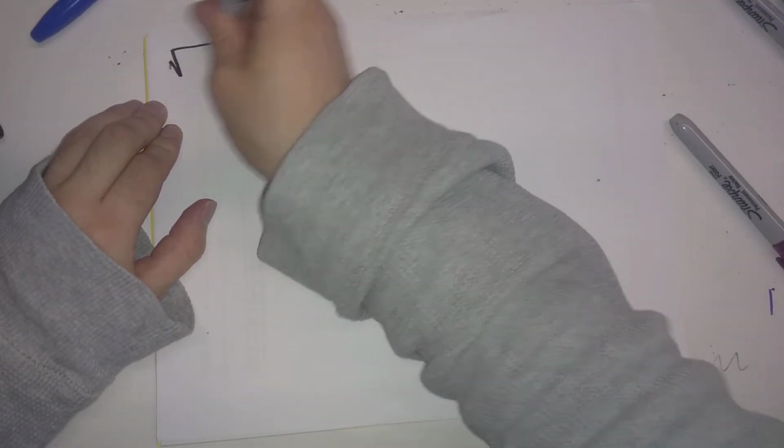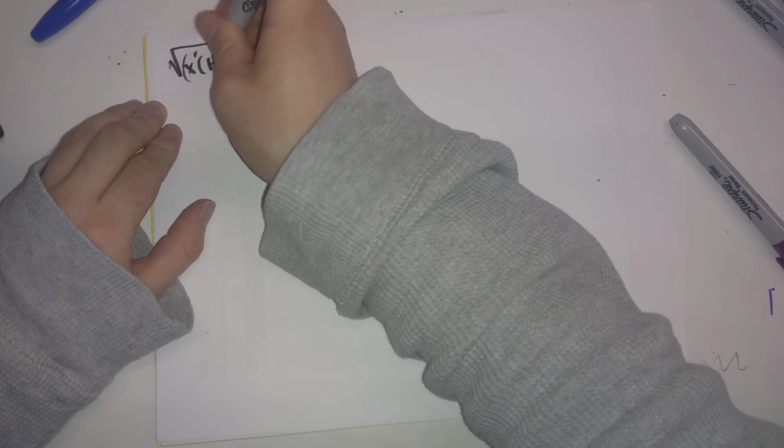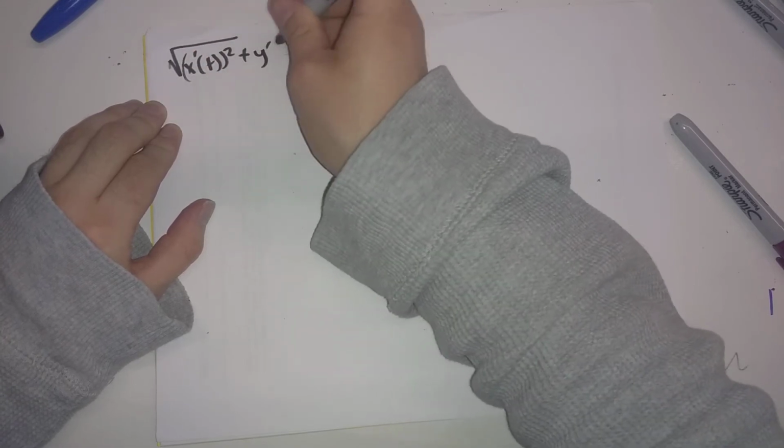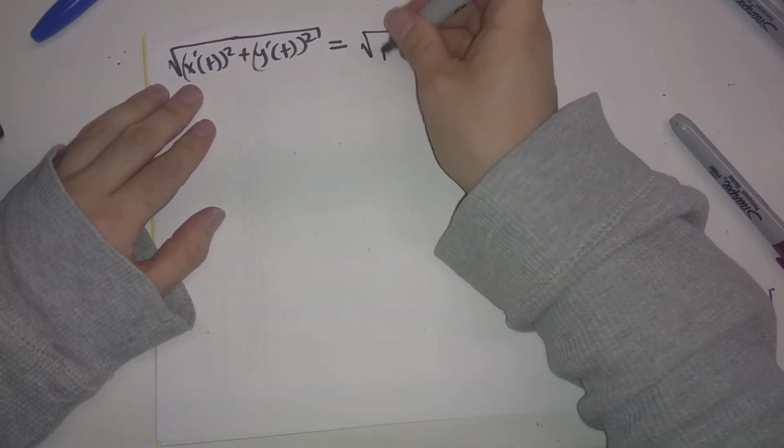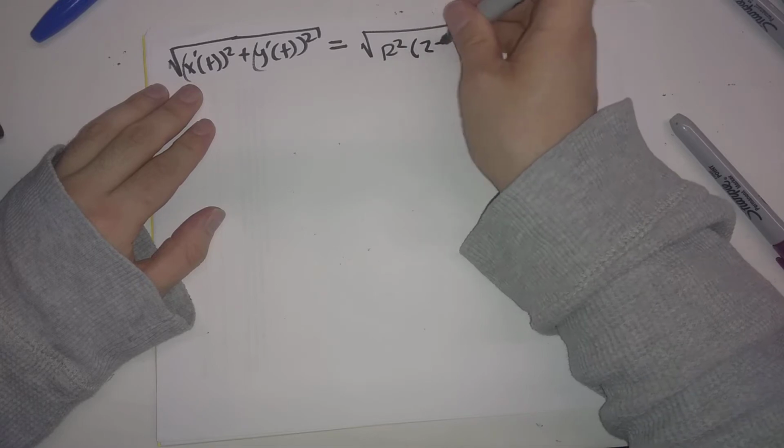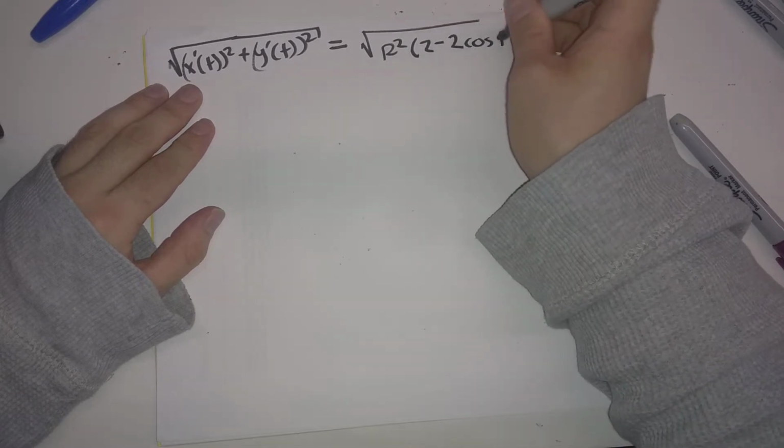So next step, for this I need a new piece of paper. It's going to be looking at the square root of x prime of t squared plus y prime of t squared. So that is the square root of r squared times 2 minus 2 cosine t.